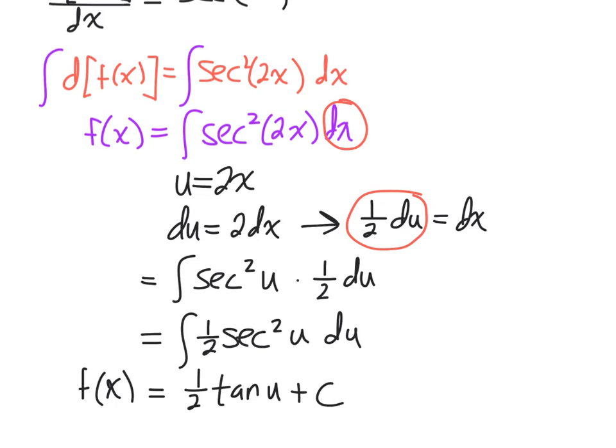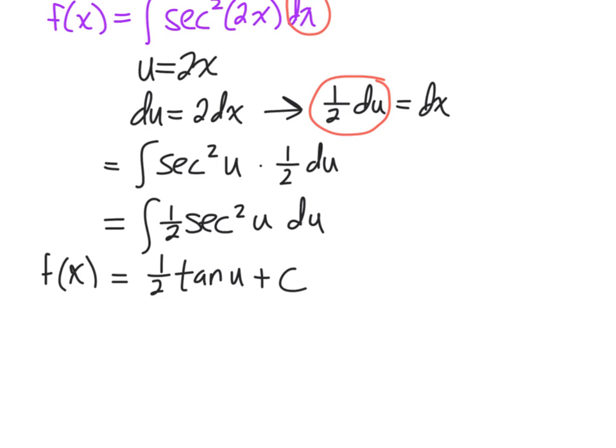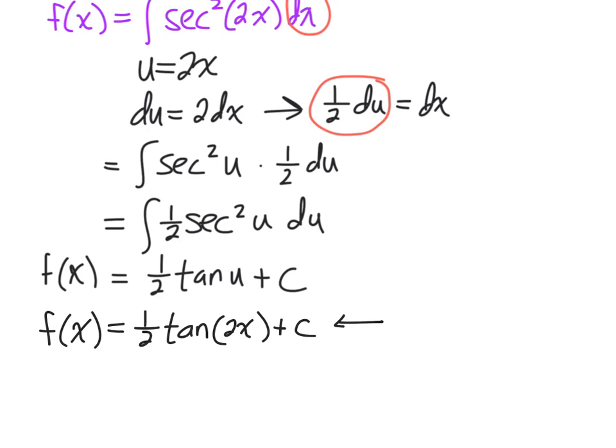Now, it is f(x), so the u has to get swapped out for what it truly is, so I'll make that adjustment in a second. And we're also given an initial condition, so we'll have to flesh out what the value of c is. So f(x) as a general solution to the differential equation would be 1/2 tangent 2x plus c. So this is a general solution.